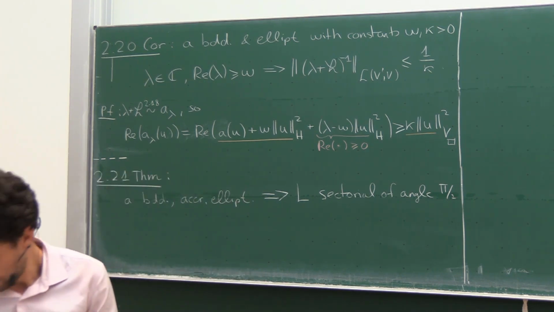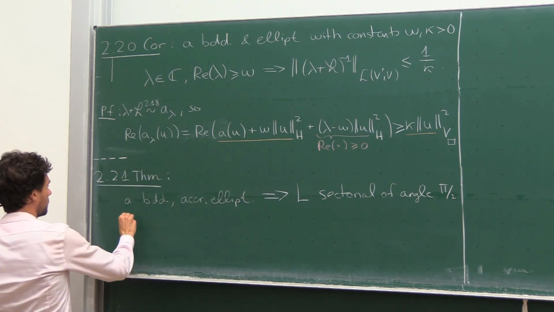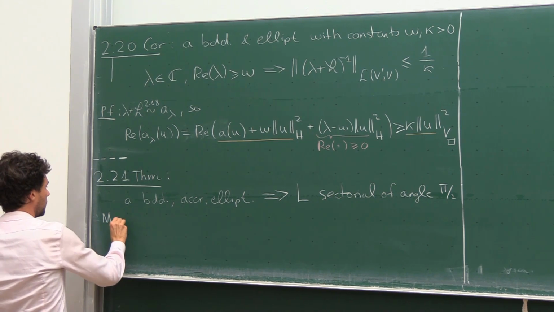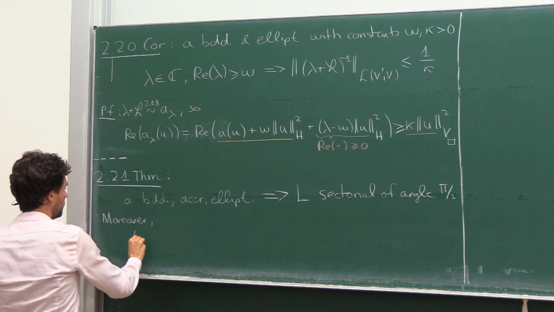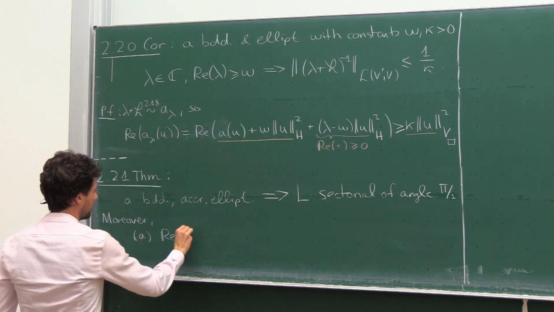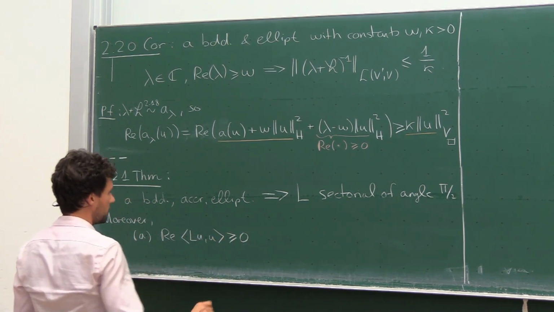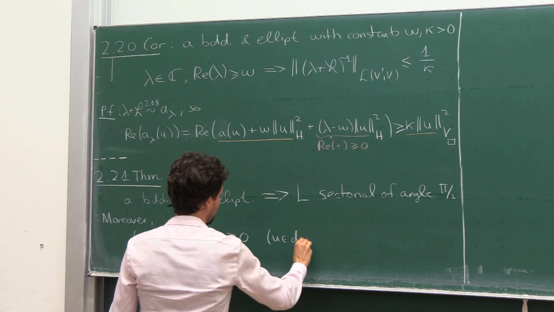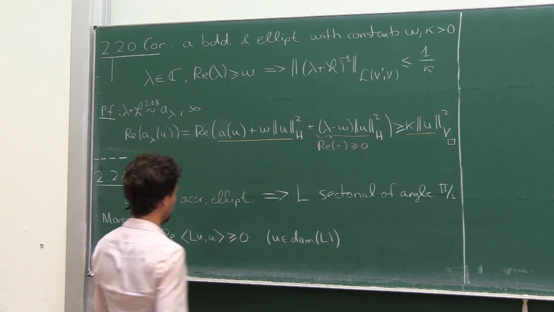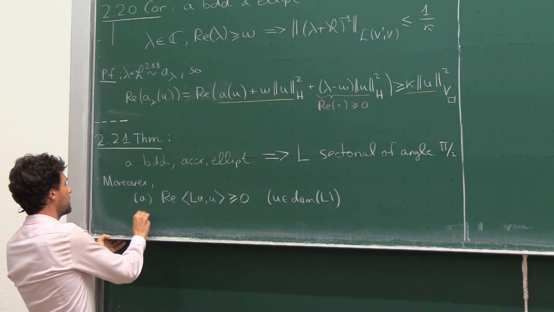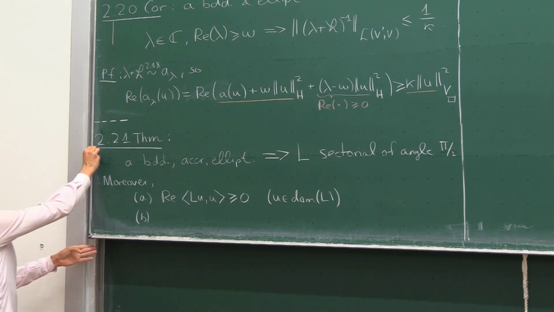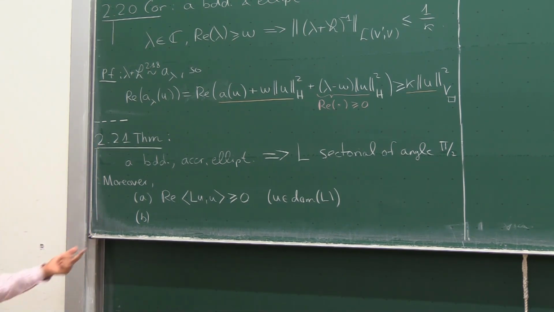Okay? Moreover, you have two additional statements, namely the real part of L of u is always positive whenever u is in the domain of L, and you have some sort of enhanced resolvent estimate, and you're going to see in the proof why I say that what I'm going to write here is going to be an enhanced or better version of the resolvent estimate required in sectoriality.